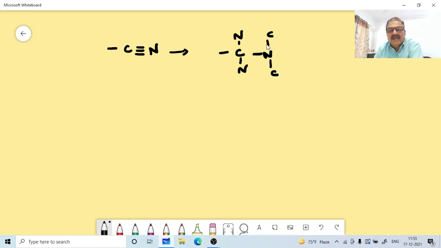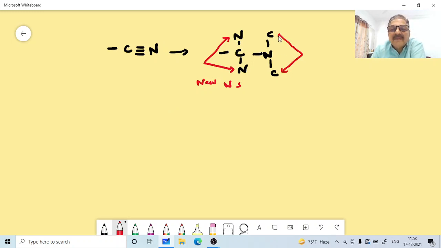Therefore the total is 3 carbons now. So 2 new nitrogens. Which are the new nitrogens here? This nitrogen. These 2 nitrogens are new nitrogens. Now these 2 carbons are new carbons.